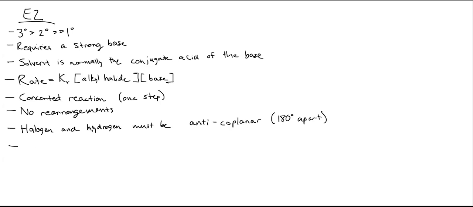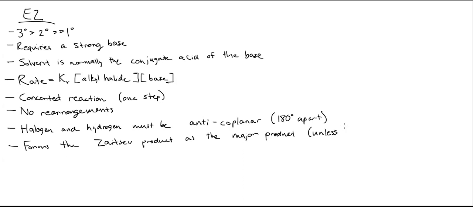Then the very final thing is that E2 forms the Zaitsev product as the major product, unless the base is bulky.